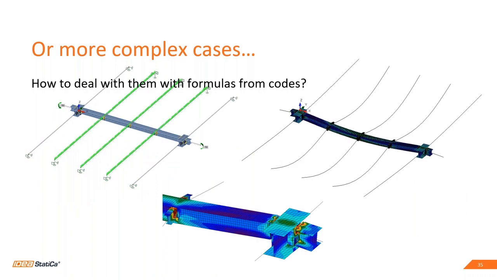Or you can see such a secondary beam connected to primary beams by shifted end plates. Again, we can model the connection as it looks in reality, and we can analyze the influence on the beams.